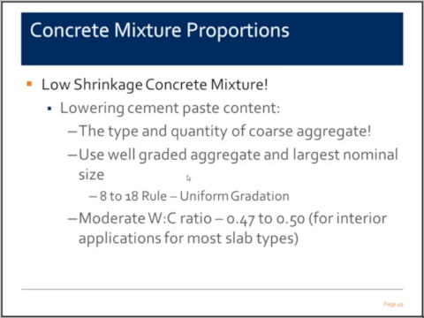And again, we don't want our water cement ratio to be too high. When it gets higher, our water content increases, which will increase our shrinkage potential. And if it gets too low, the strength of the concrete will go up, and as I talked about before, our modulus of elasticity will go up as well. We want to avoid those in slab-on-ground construction.